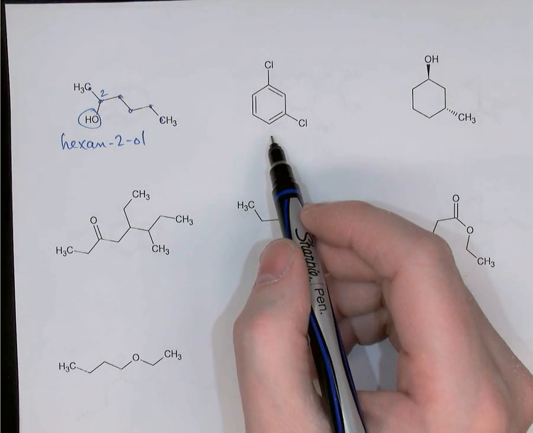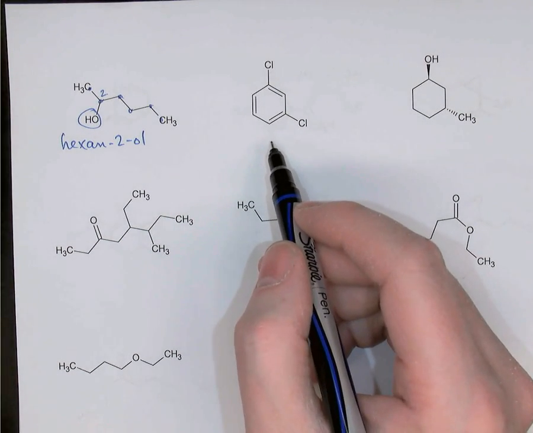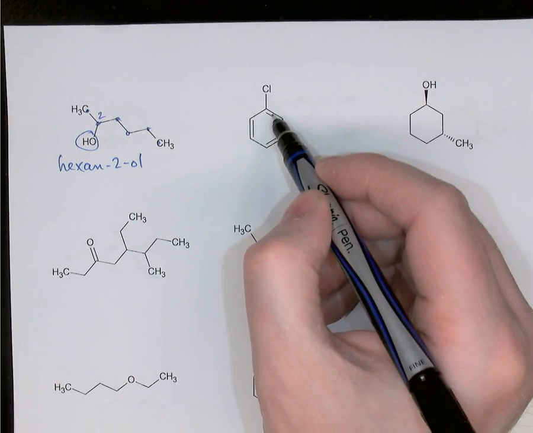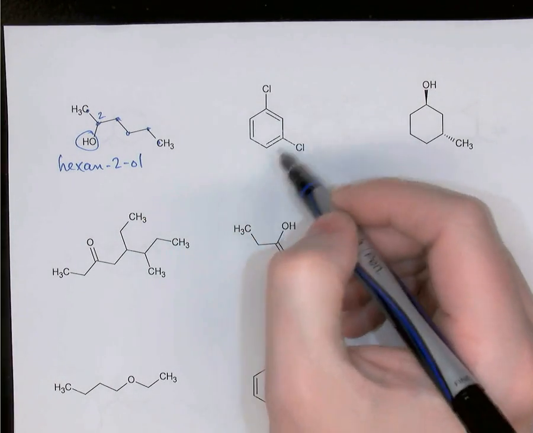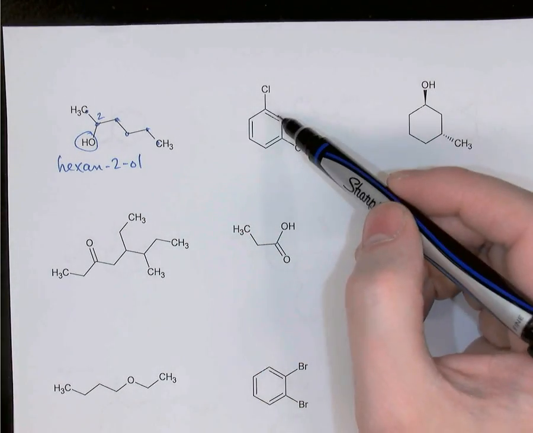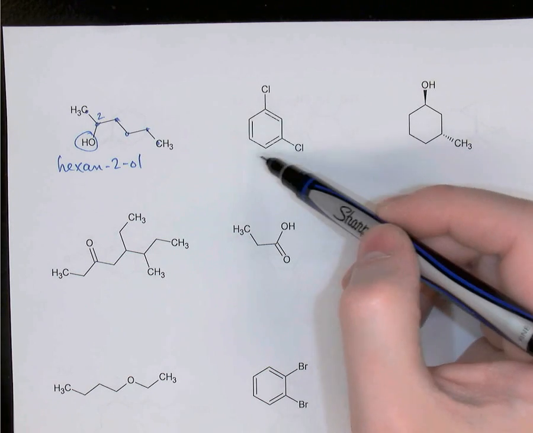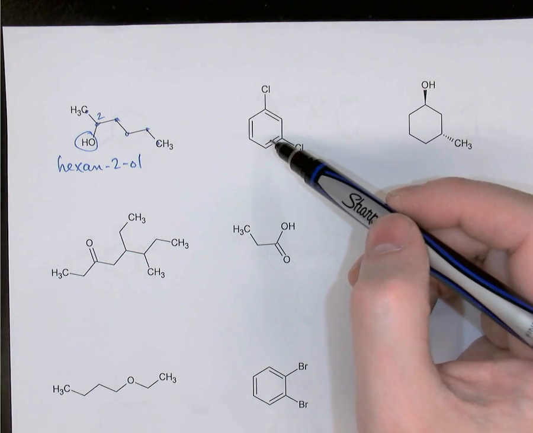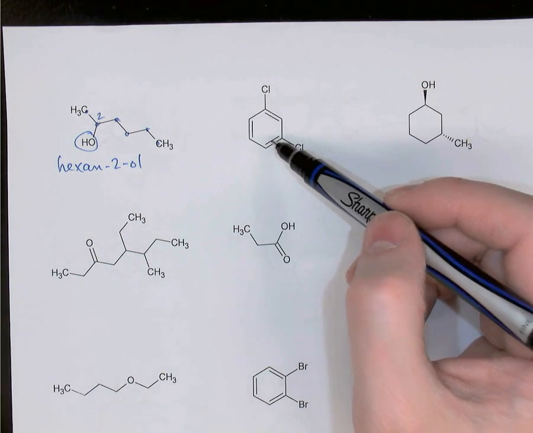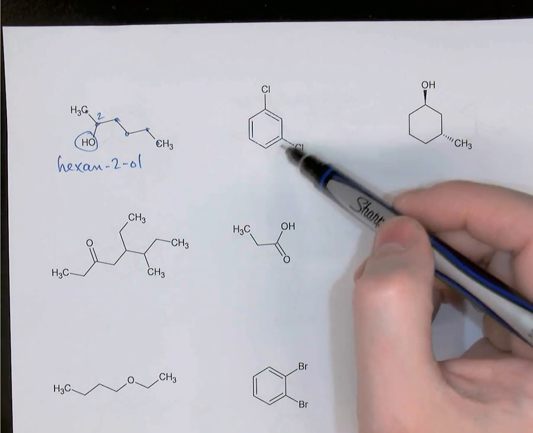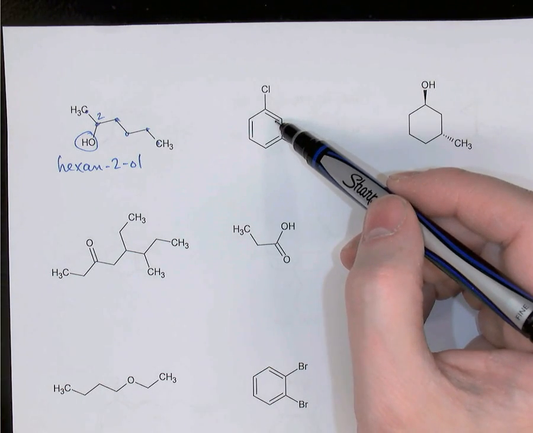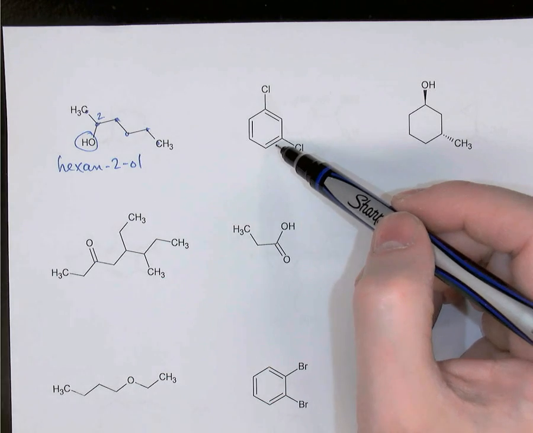Now, for the first time, we're seeing an aromatic hydrocarbon. Aromatic hydrocarbons have benzene rings in them. A benzene ring is a 6-carbon ring, similar to cyclohexane in that way, but instead of having just single bonds, it has a conjugated system of single and double bonds.